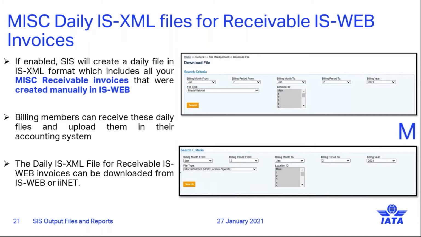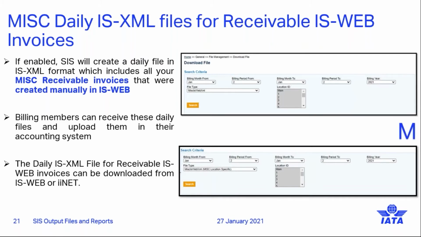You might want to choose to receive these daily files and upload them in your accounting systems. Additionally, the daily ISXML file for receivable ISWeb invoices can be downloaded from ISWeb or IINet. They can additionally be sent to your specific IINet ID, so you can choose to receive them in your main account and also in a specific location. We will go in detail for the specific IINet IDs in the following slides.